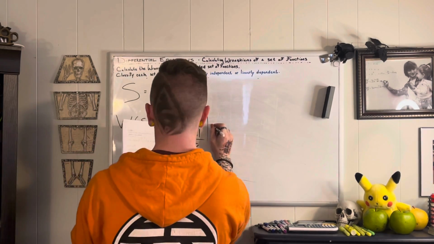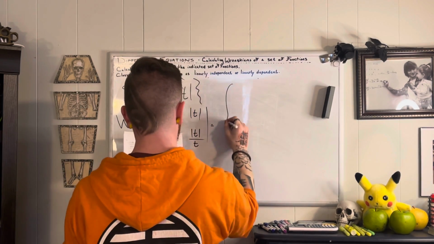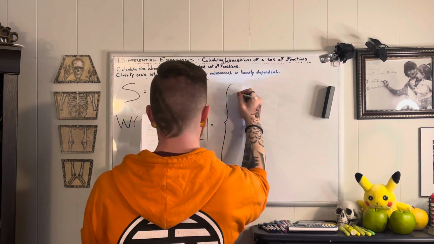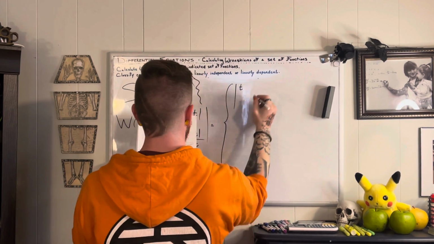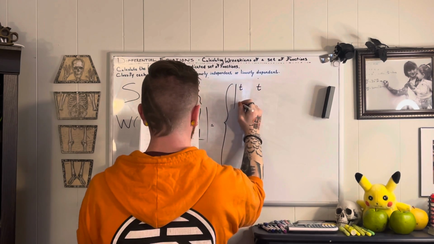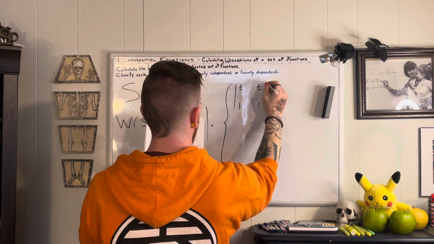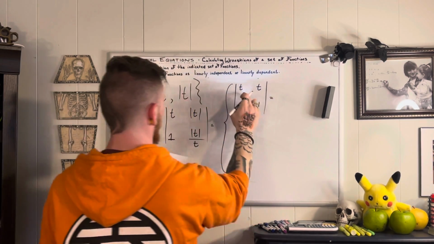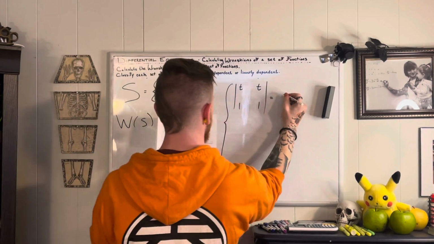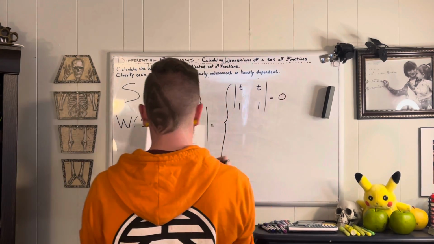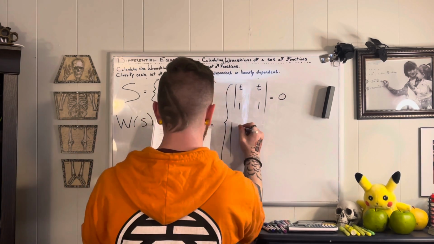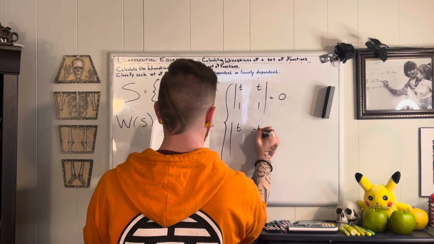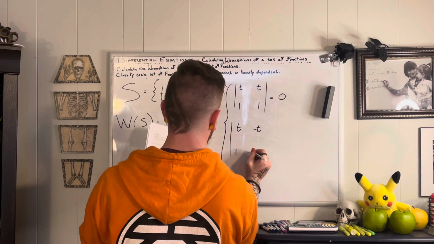Okay. So in this case, we have two submatrices, T1, which we compute as t minus t, or 0. Down here, our other submatrix is going to be t minus t, 1 minus 1.